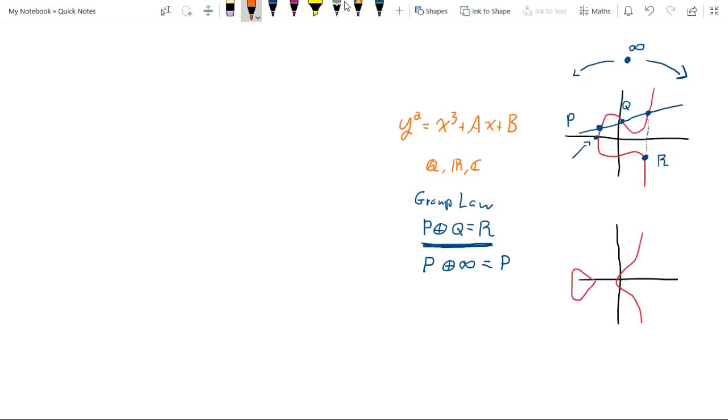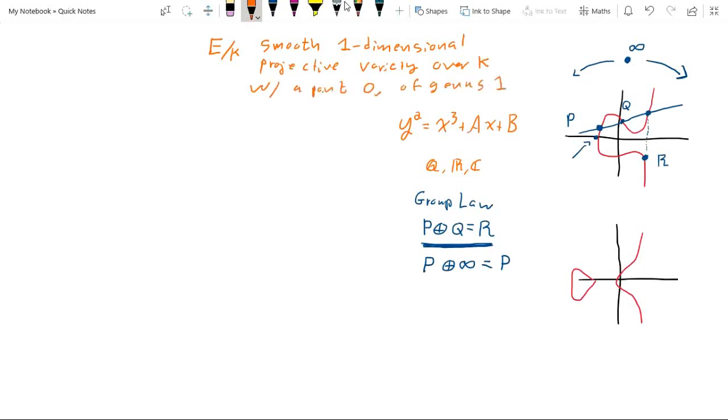But more generally, we can say that an elliptic curve over an arbitrary field K is, and I'll explain these terms in a moment, a smooth, one-dimensional, projective variety over the given field with a distinguished point of the curve of genus 1.